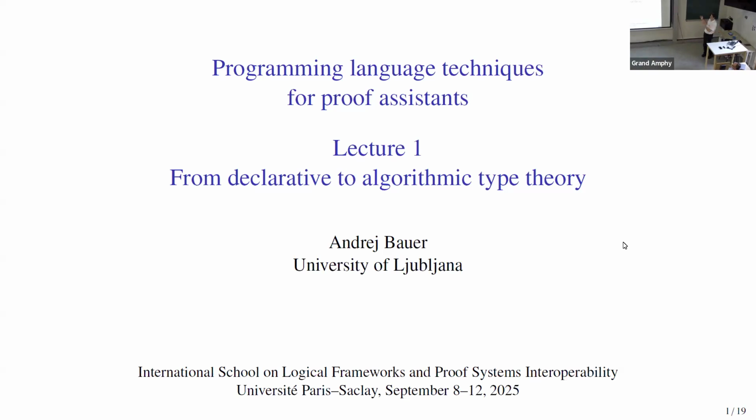So let me get on with the lectures. I'm going to speak a little bit about how to implement type theory. We're also going to do a little bit of programming language, like we take ideas from programming languages and try to apply them so that we see how these things fit together.